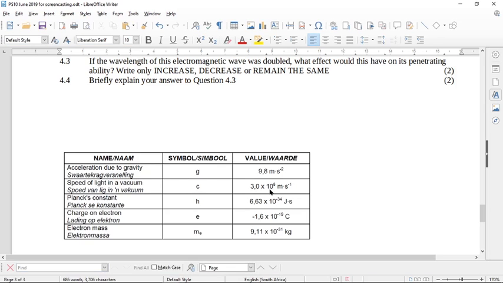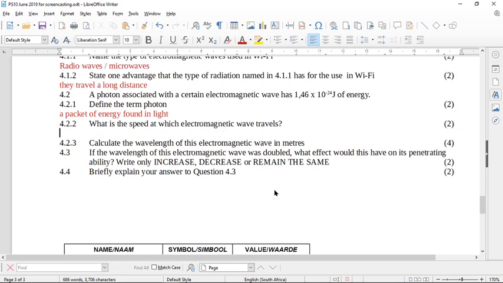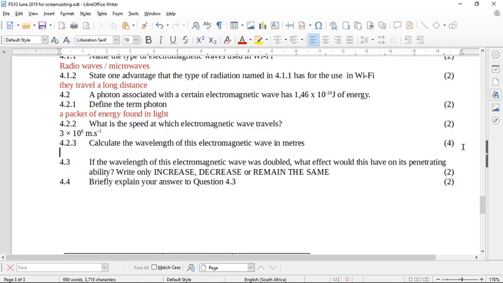So you can just get it straight out of the data sheet at the back of the exam paper, and it's 3 times 10 to the 8 meters per second. Make sure that you have the unit, no mark otherwise. If you can't remember it in your head, you just read it off the data sheet.